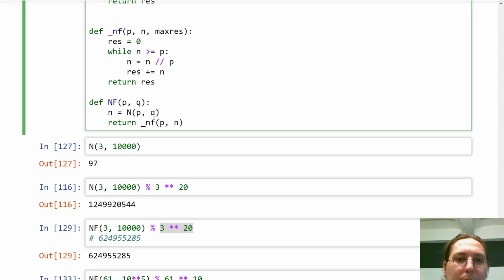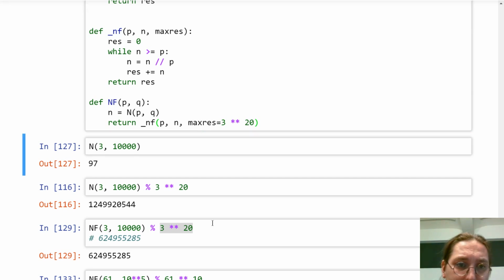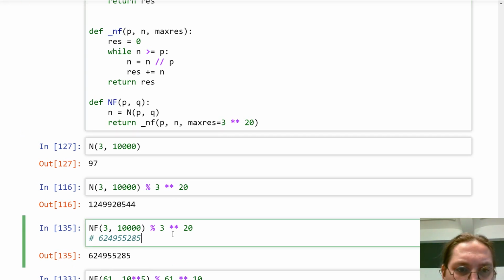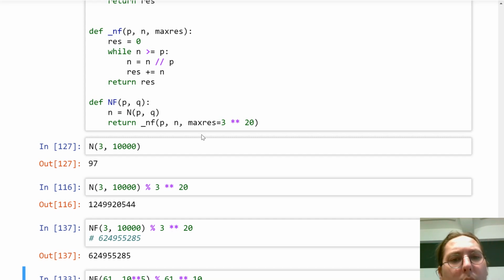Well, just hard code for now. I didn't actually mod anything.